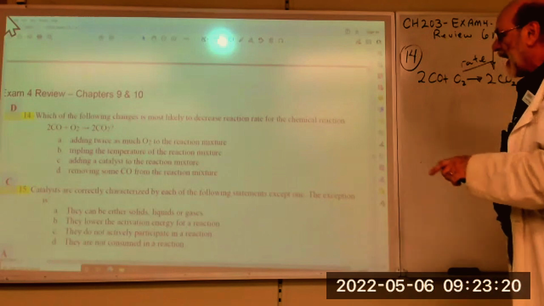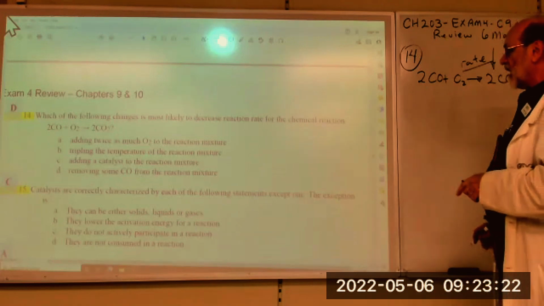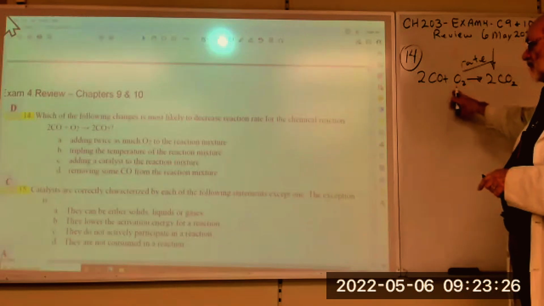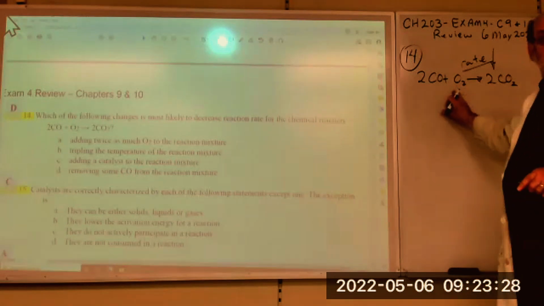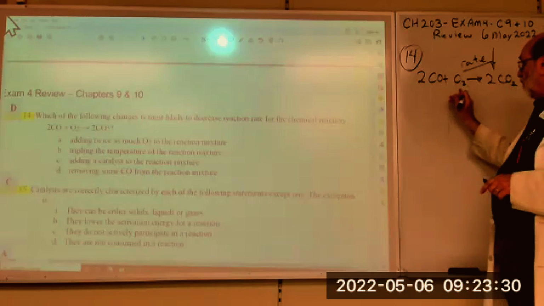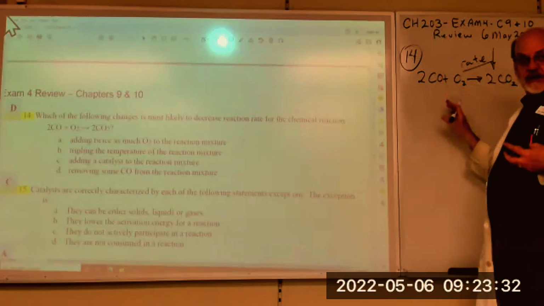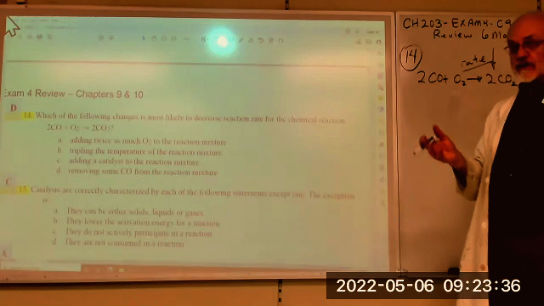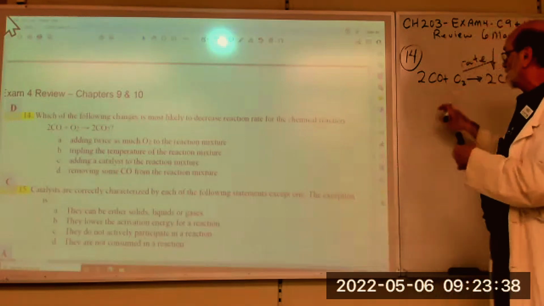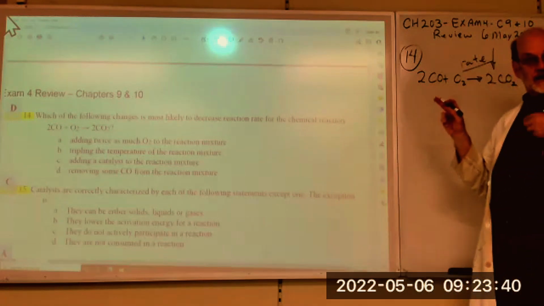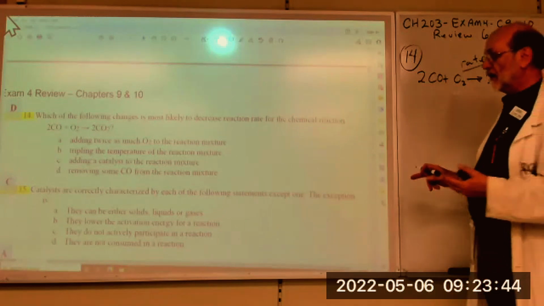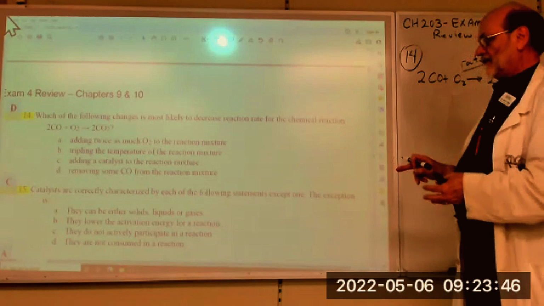Adding twice as much oxygen to the reaction mixture. That should increase it because you've got more reactants there initially. That means there's more chance. This is statistical. There's more chance of encounter between this reactant and that reactant. So it should proceed faster, at least in the beginning. So A is not it.